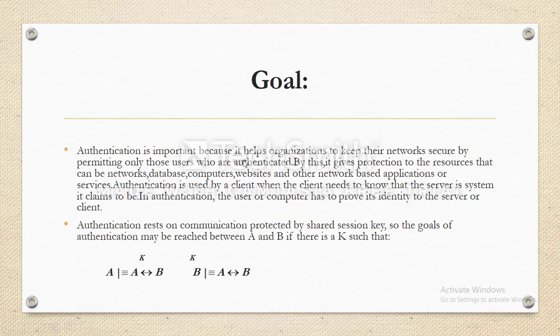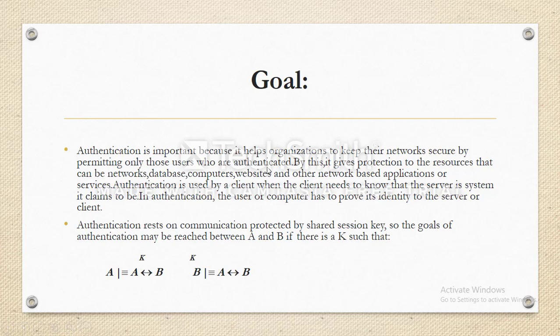Now we'll see the goal of authentication. If there is any system, there is a goal of the system. So in authentication there is also some goal. We will see some of the goals. Authentication is important. Why? Because it helps an organization keep the network secure by permitting only those users who are authenticated.